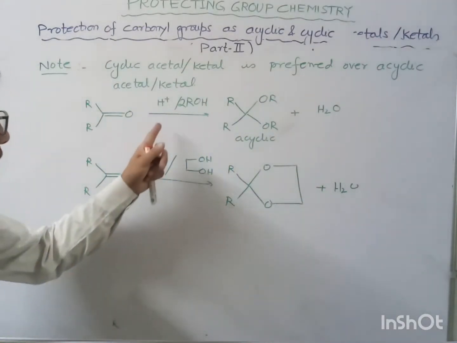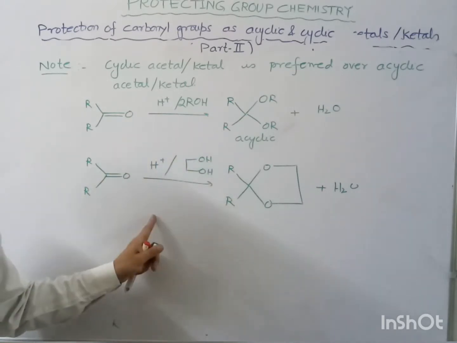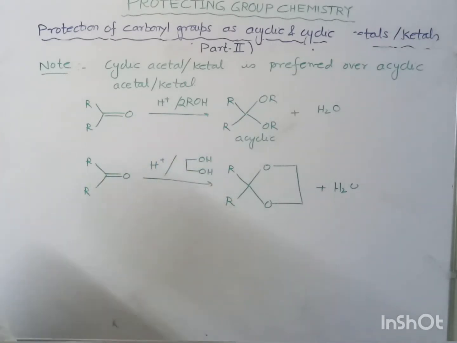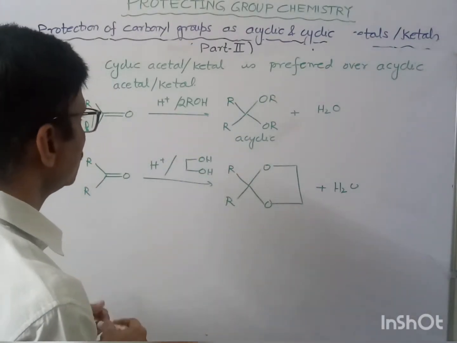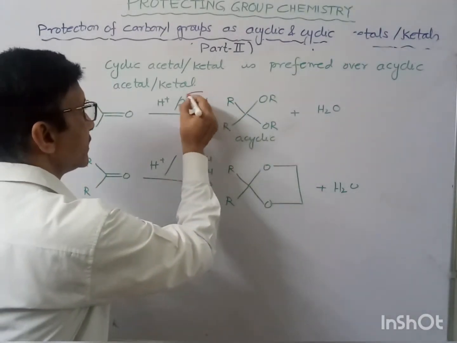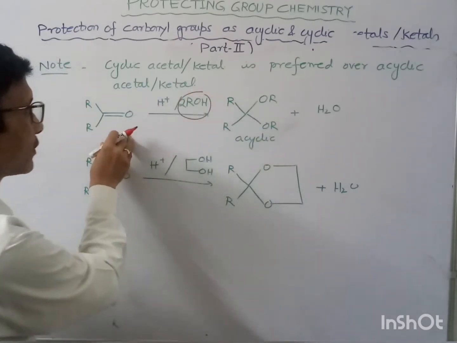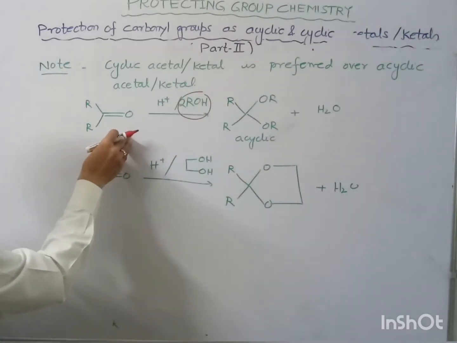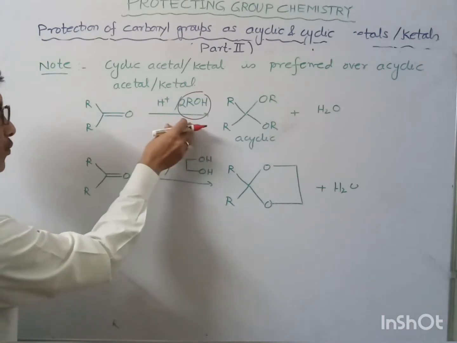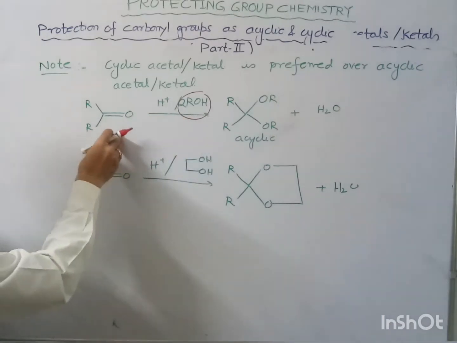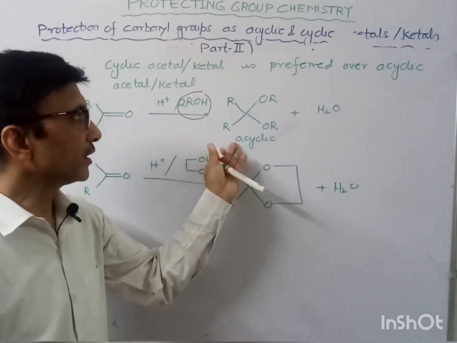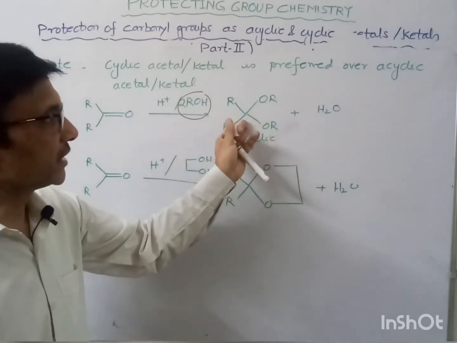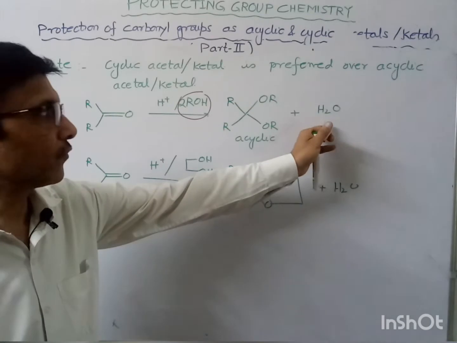Okay, so if we see these two reactions, here 2 molecules of alcohol and 1 molecule of carbonyl compound give 1 molecule of acetal or ketal and 1 molecule of water.